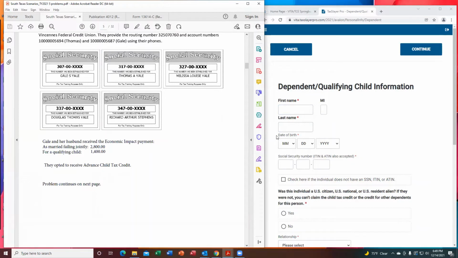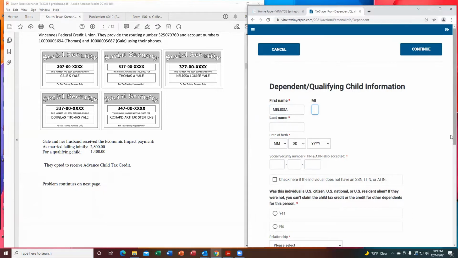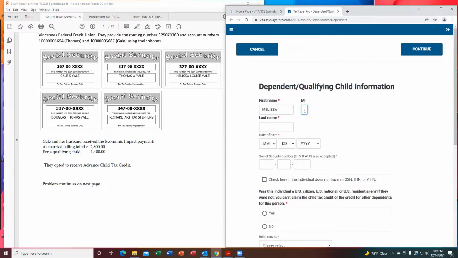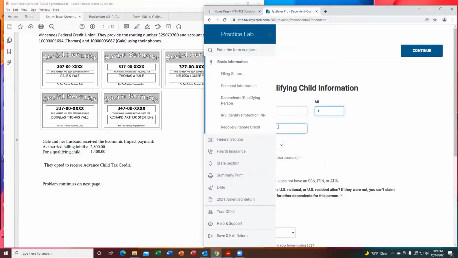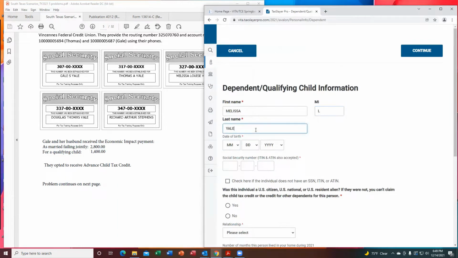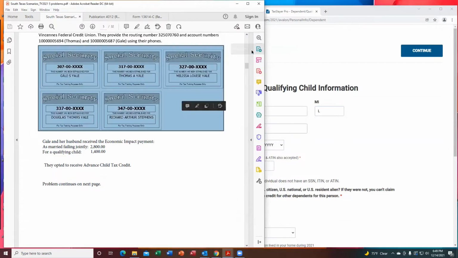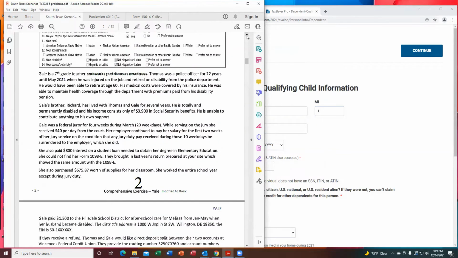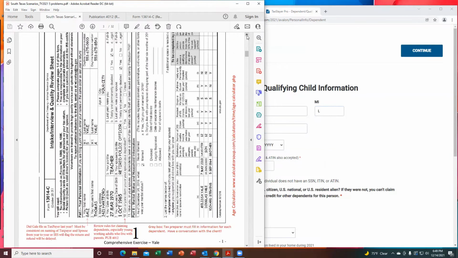And so there's Melissa. So I'm going to enter her name. And again, the middle initial, and I need to expand this to see the middle initial, otherwise I won't see it. There. Okay, the last name, if you notice, the last name automatically appeared. Now her date of birth. So I'm going to come back up to look at the information.